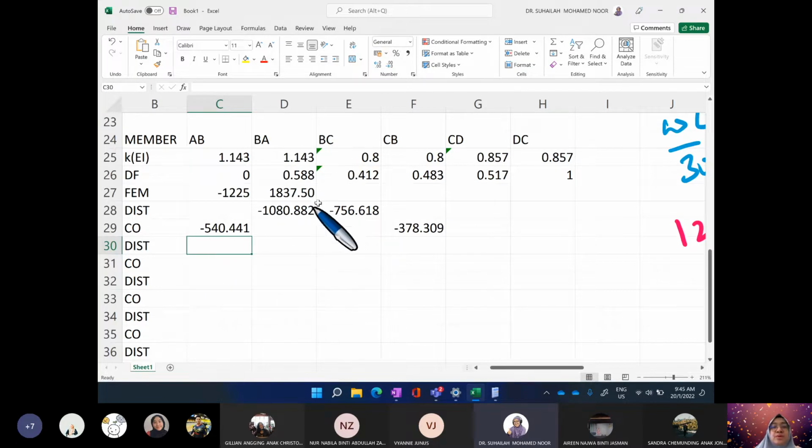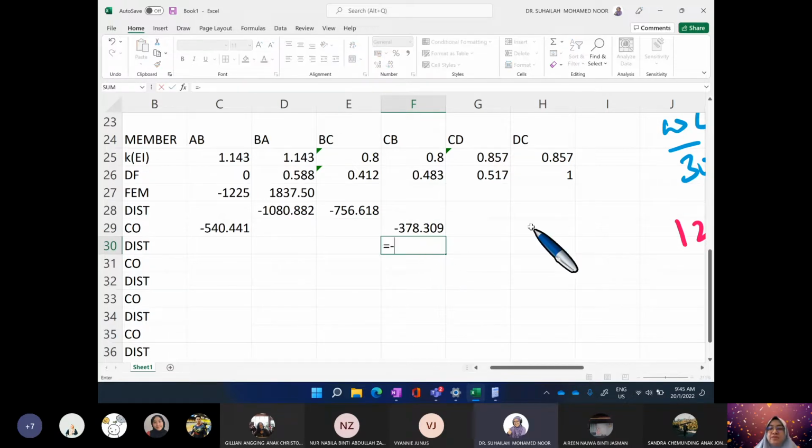Now the moment is moved to C. So we have to calculate the distribution. Okay, the moment at C is negative, the opposite of the joint moment. This one plus this two, and times with the factor.